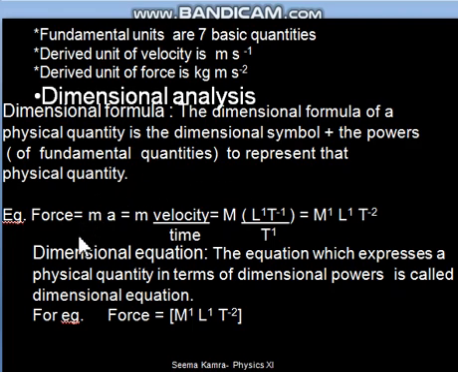We will take one example here, force again, so that the connection is established. I am taking the force example because this quantity is familiar to you. We have to understand the dimensional formula of force, and after that practice the concept for many quantities which are coming in the next sheet.